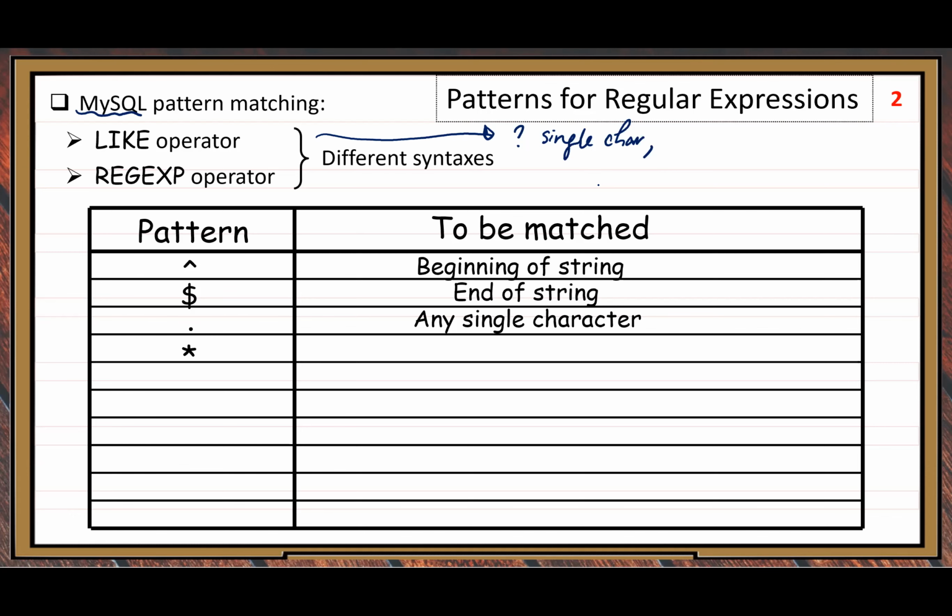The star, the asterisk, means 0 or more instances of the preceding element. Do you have an example for each one? Yes, because here it's hard to digest after all those rules, extremely hard to digest.